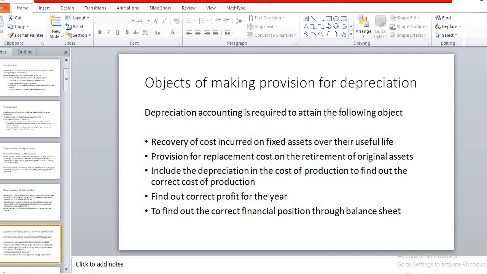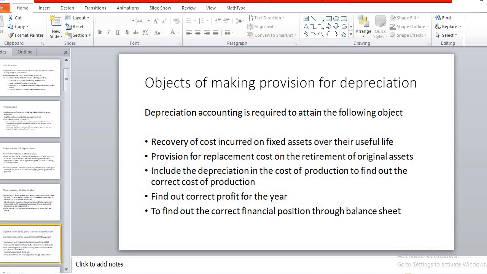If you do not consider this, then in the earlier years the profit will appear high, but at the end of the third year the profit will reduce by 100 rupees, so the profit of the firm at the third year shows less. To find out the correct profit of the firm, depreciation helps.